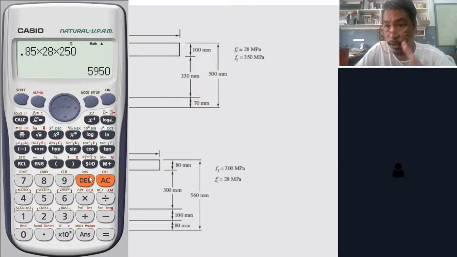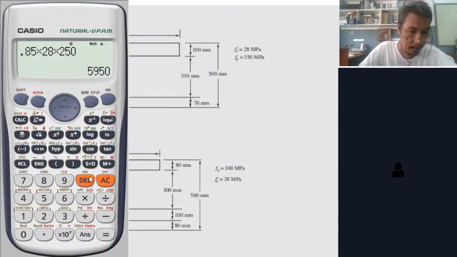This is the procedure I am showing you. If one assumption is wrong, we need to do the next one.